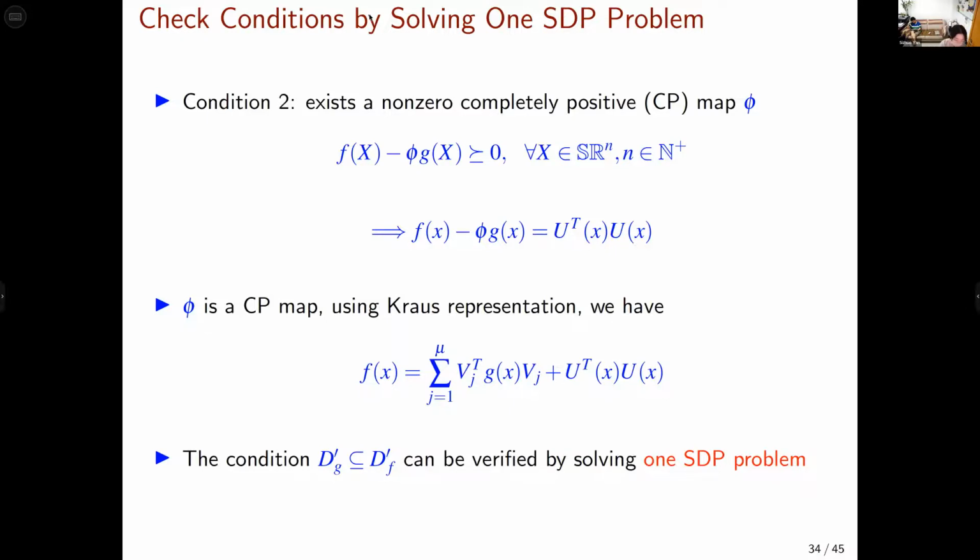So the condition that the positivity domain defined by the projection of J is included in the positivity domain defined by the projection of F can be verified by solving only one SDP problem.